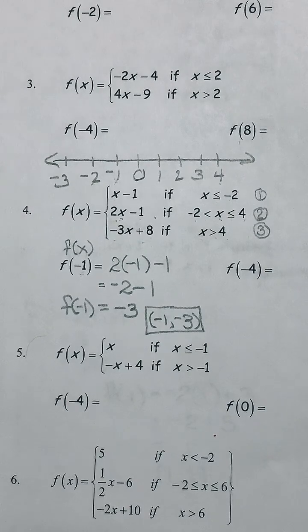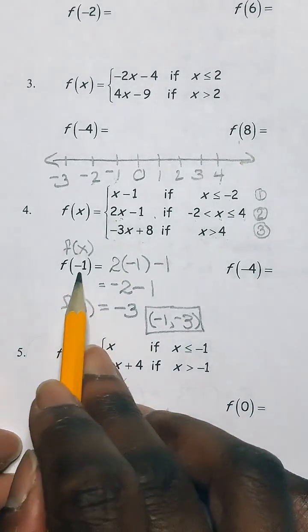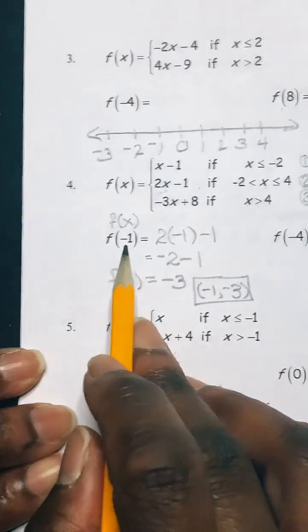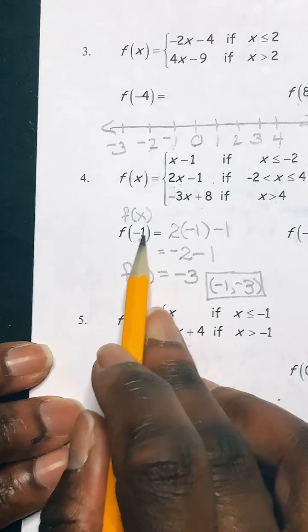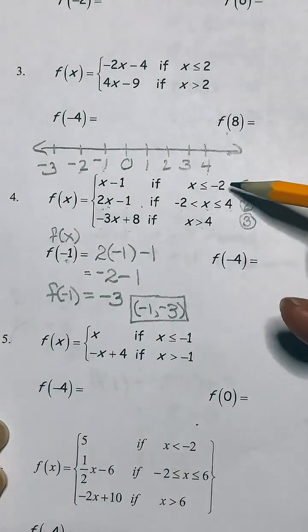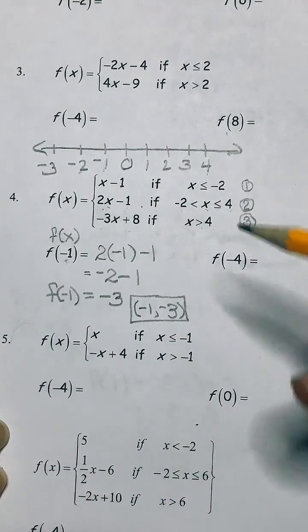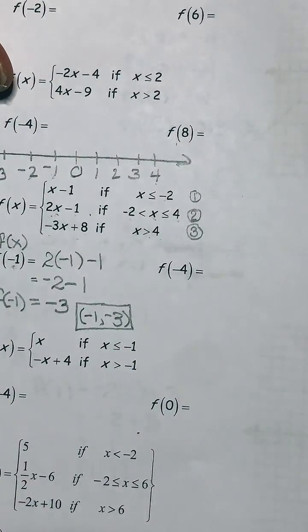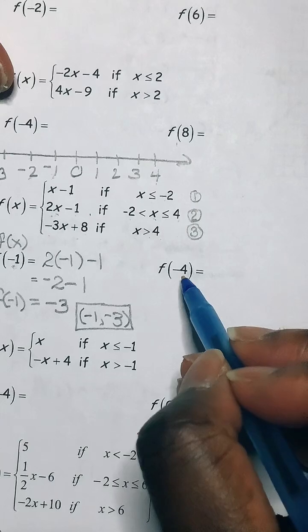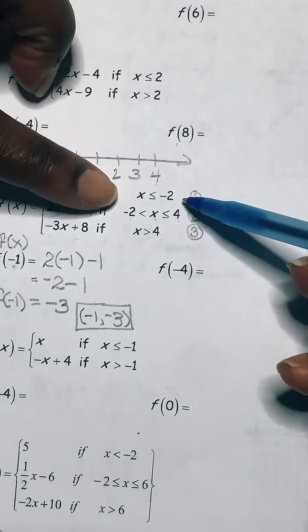It's all about knowing the number line. Where is this number that's inside the parenthesis? Where is this number going to lie based off of this criteria? So if I go for the next one, f of -4, where would -4 lie?